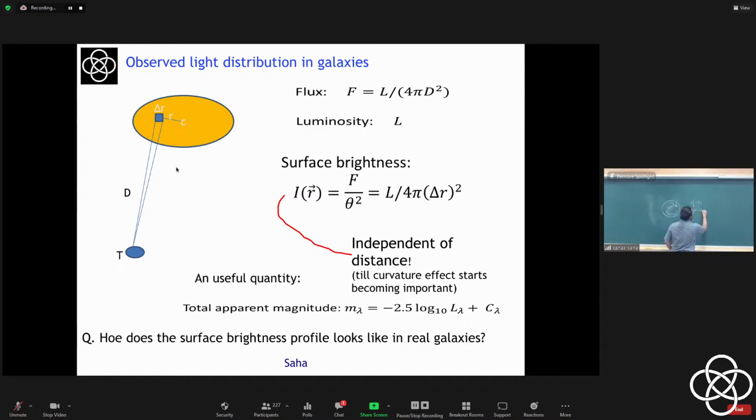Then you have dark matter, which is invisible. We don't know what it is, but we infer it from the velocity measurements. And of course there can also be a black hole at the center of the galaxy; almost all galaxies are now shown to have a supermassive black hole at the center. So these are what a galaxy is composed of.